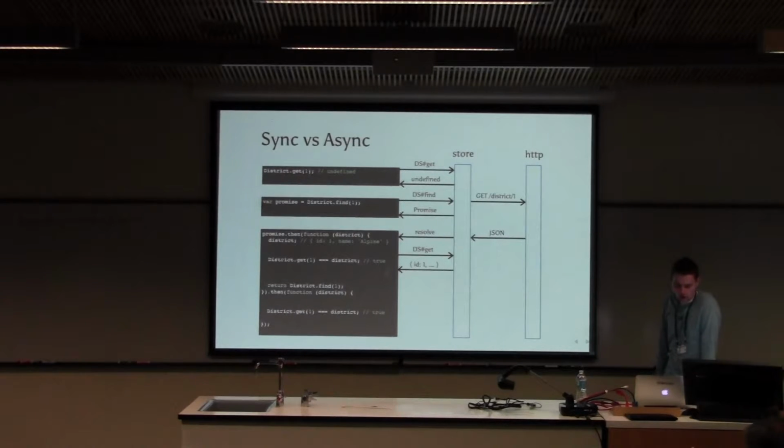What that means is you're not dealing with copies of data. You're dealing with actual references to the item in the store, and it uses identity mapping to keep the same item in the store. So if I were to call find again and get the same object back from the back end, that result will be merged with what's in the store, and any reference to that item you had previous to that second find would remain valid. You'd still be pointing to the same item.